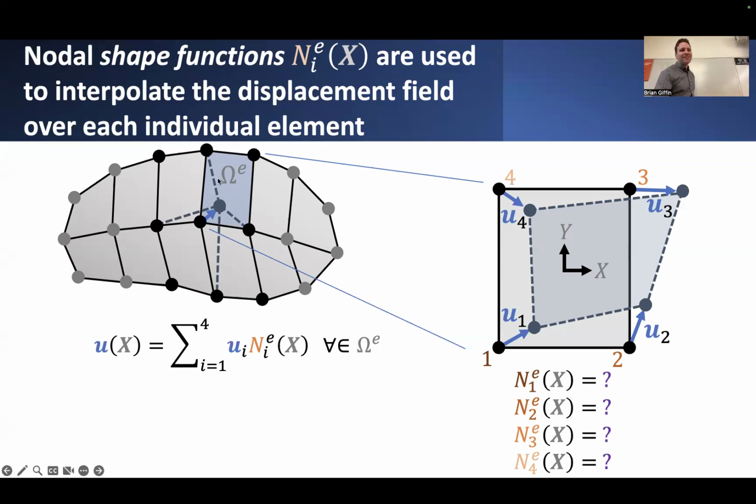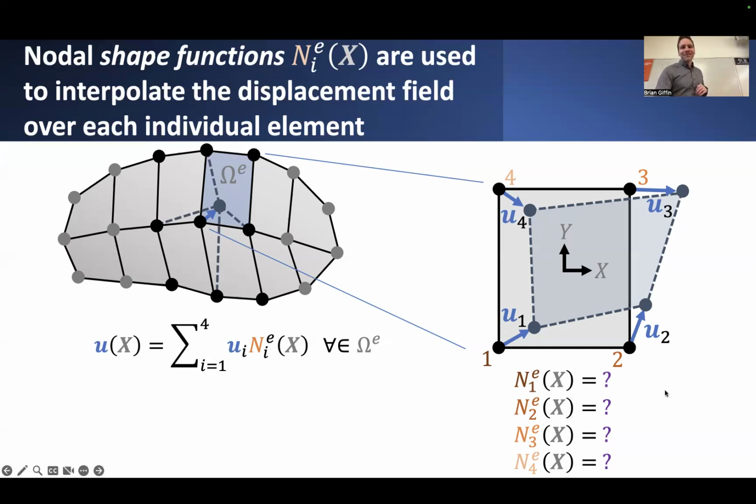As shown here, I might look at omega E, this highlighted blue element, and look at the interpolated values of nodal displacement for just that one element, which entails just the 4 nodes connected to that element. I could then express the interpolated representation of the displacement field as the summation over those 4 nodes connected to that single element, involving corresponding shape functions, N, representing the interpolation functions associated with each of these 4 nodes.